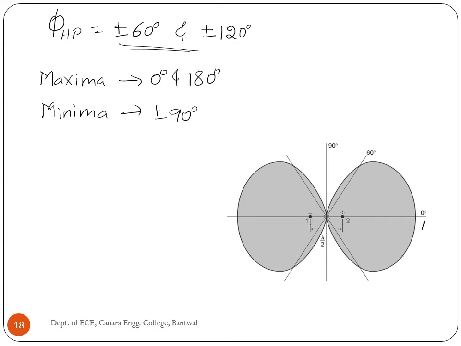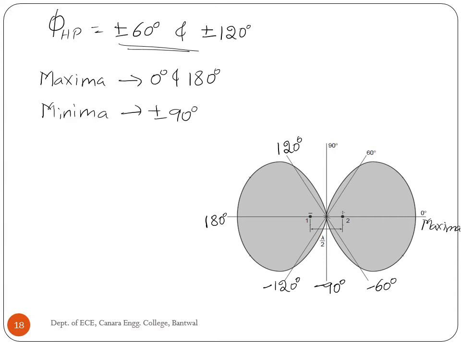Maxima at 0 degree and 180 degree, minima at plus 90 degree and minus 90 degree directions, and HP (half power point) directions are at plus 60 degree, minus 60 degree, 120 degree, minus 120 degree.